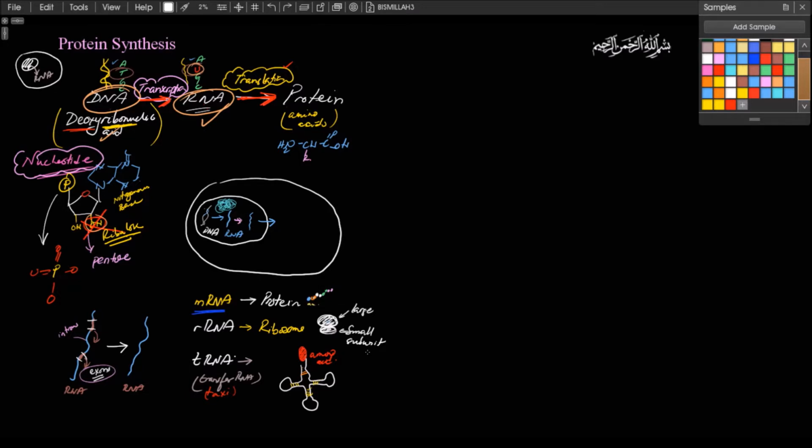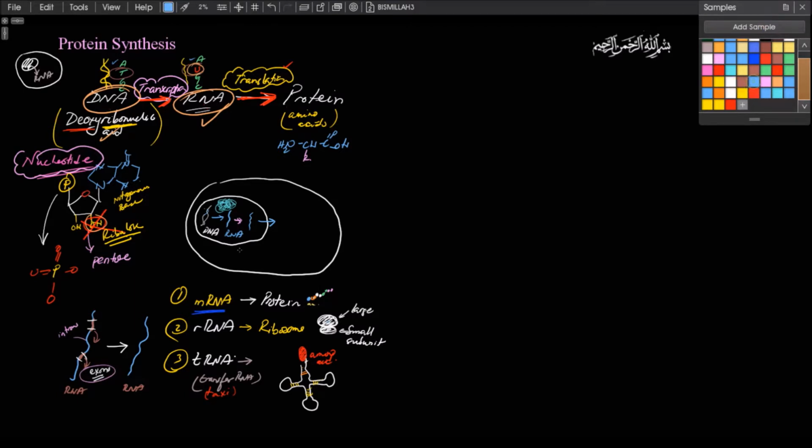Those amino acids are digested, and you take them up, and then in the cell they go attached to this transfer RNA. So amino acids are not just hanging out there free in the cytoplasm. They're attached to transfer RNA. Okay, so these are the three types of RNAs that we will meet.